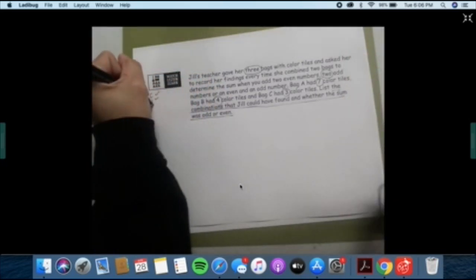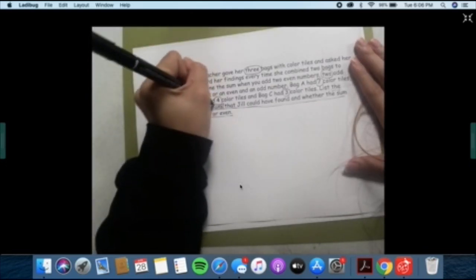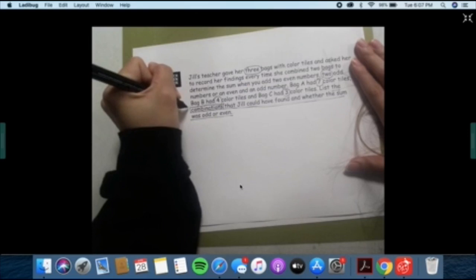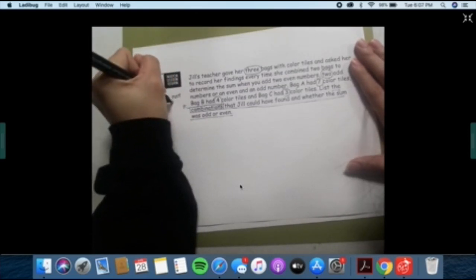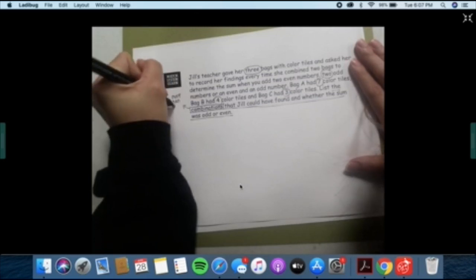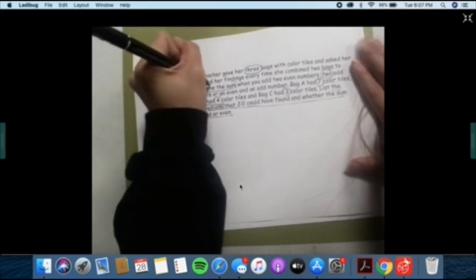I'm going to box my action words. So combinations, so there's going to be more than one combination. And we're going to determine the sum. So it's telling me to find the sum of the bags.